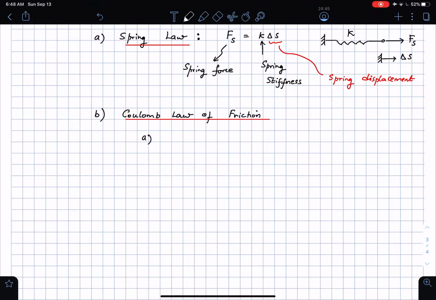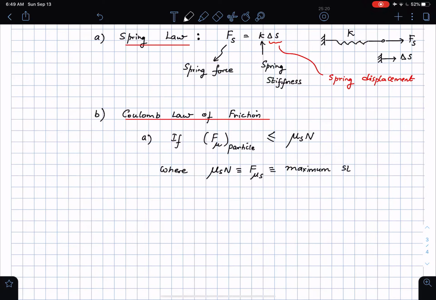First situation: if F mu on the particle is less than or equal to mu s times N, where mu s times N is the maximum static friction force, and typically I call this F mu max as well, then it means that there is no motion.